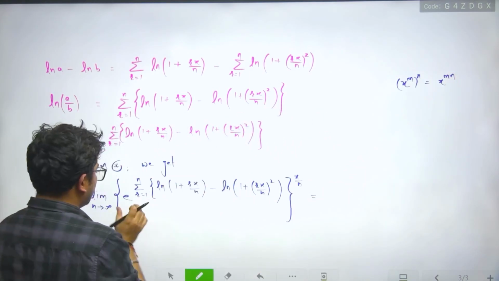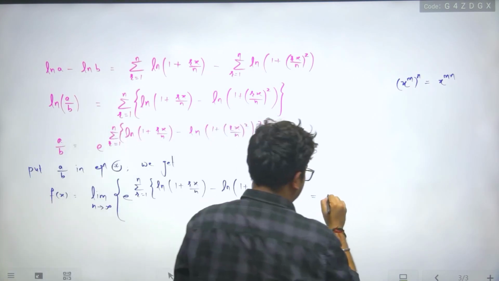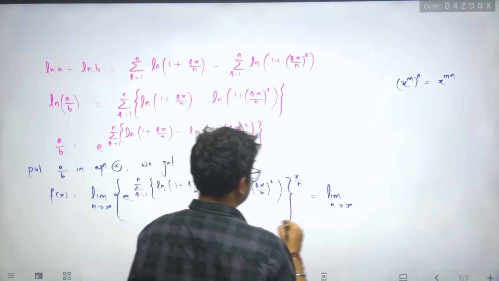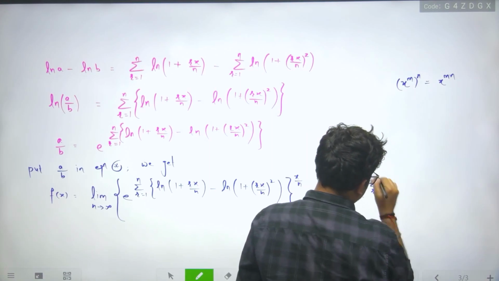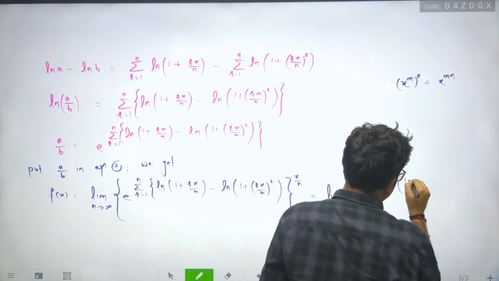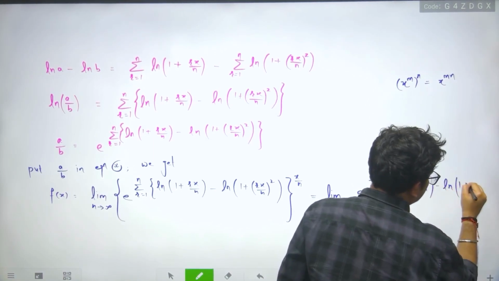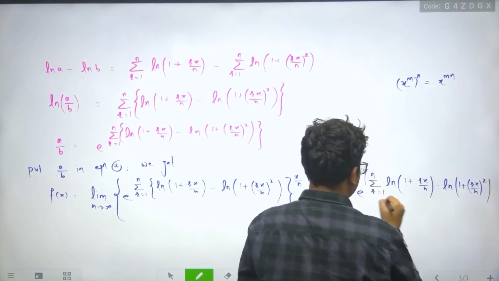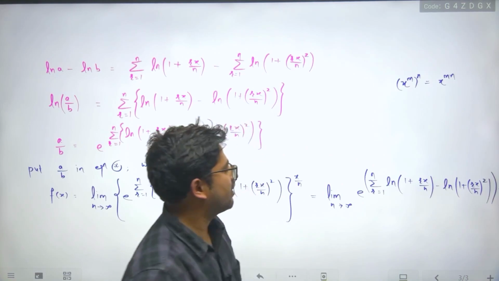So you can say this is limit n tends to infinity of e power sigma r = 1 to n of ln(1 + rx/n) minus ln((1 + rx/n)^2), into x by n.